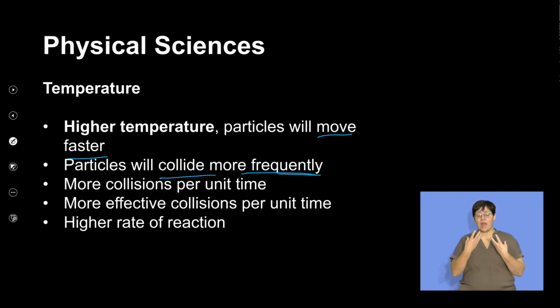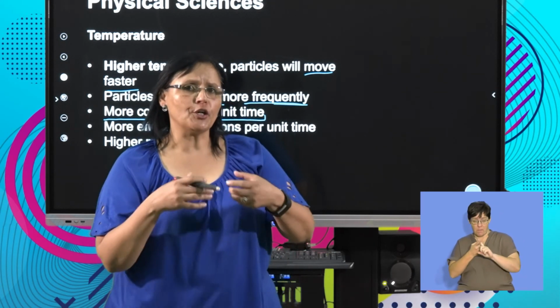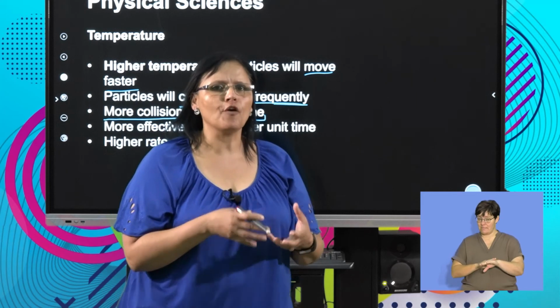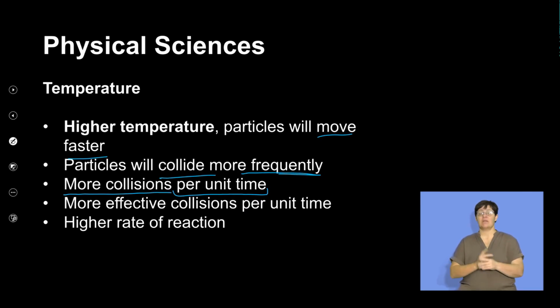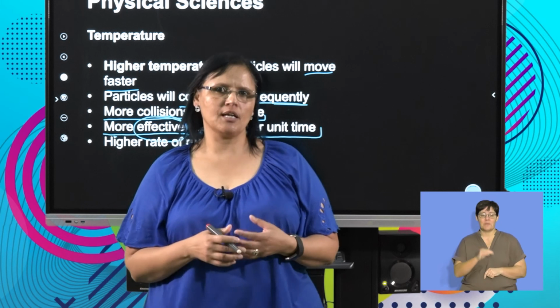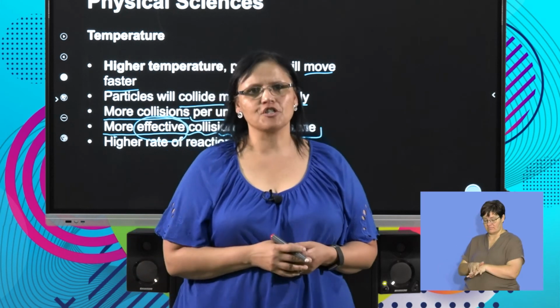If we have that bumping more frequently, we obviously have more collisions per unit time, so the likelihood of having effective collisions per unit time is very high. So we will have more effective collisions per unit time. And if we have more effective collisions per unit time, it means that the rate of the reaction is high.